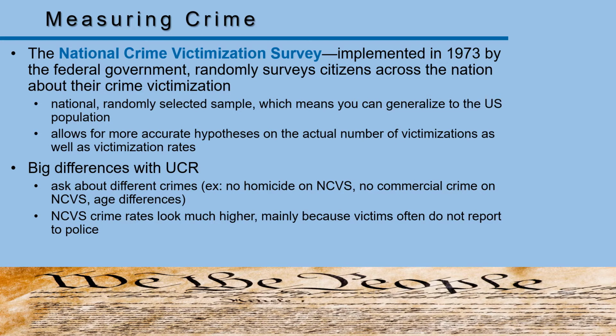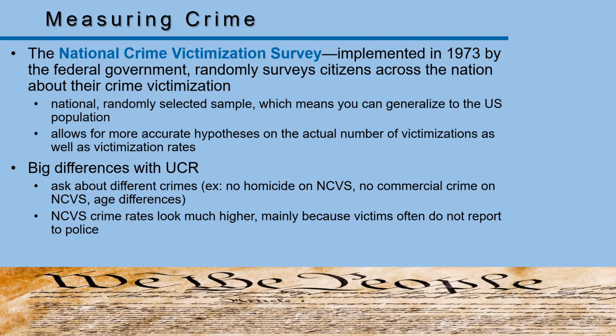Some of the numbers are pretty interesting. Like if you look on page 47, table 2.2. In 2016, UCR reported violent crime as 2.2 million. The National Crime Victimization Survey set it at 5,749,000.